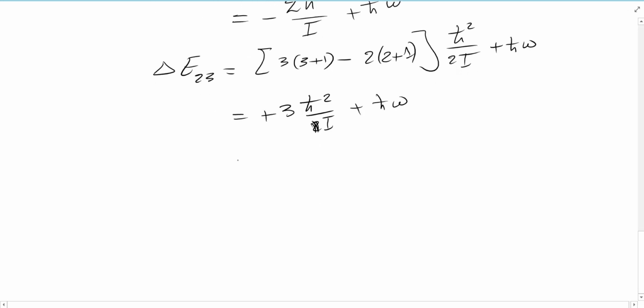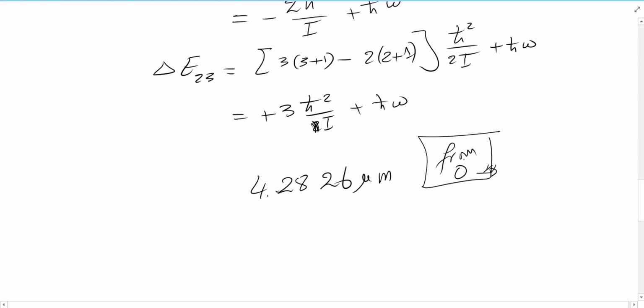So the answer to part C is the one that goes with 4.2, 28, 26 micrometers. Okay, that is the one going from zero, because we know it has to end up in 1. From L equals 0, that is.